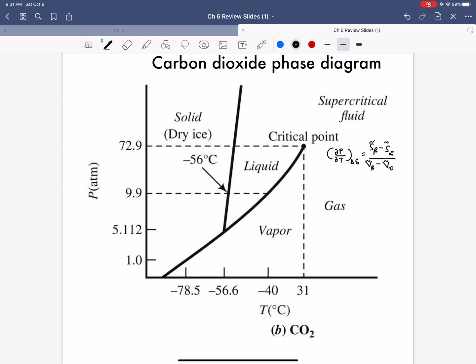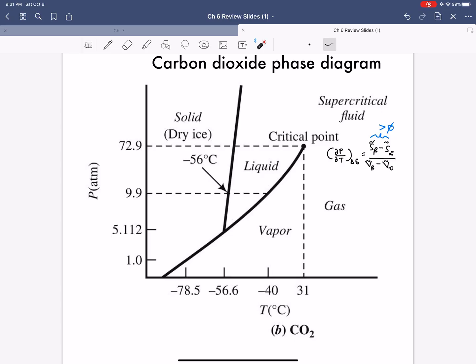Okay? All right, and as I mentioned before, by convention, the beta phase is the phase that has higher entropy. Okay? And so in our numerator, when we have S beta minus S alpha, if the beta phase has higher entropy, this numerator is going to be greater than 0.